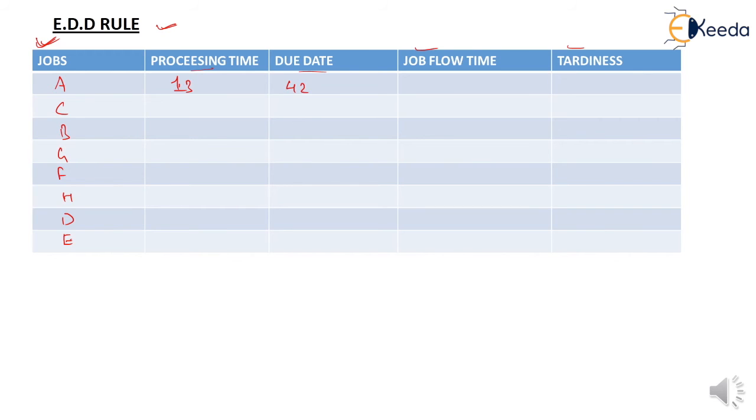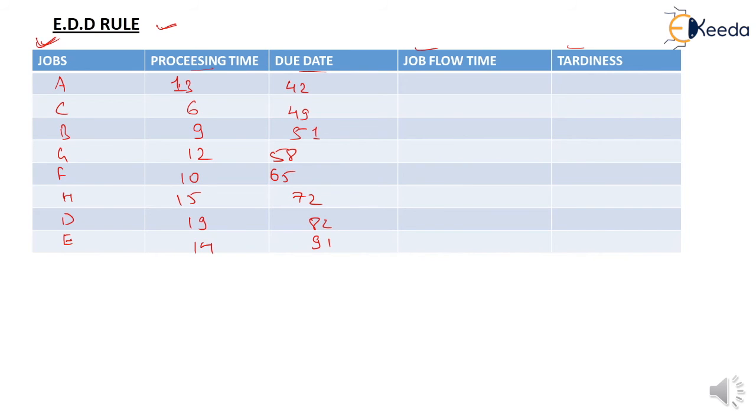Similarly, write all the processing times and due dates. C is 6 and 49, 9 and 51, 12 and 58, 10 and 65, 15 and 72, 19 and 82. It is given in this question. Okay students, 14 and 91.